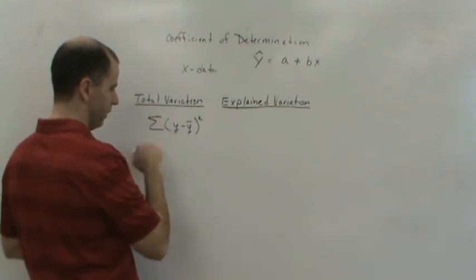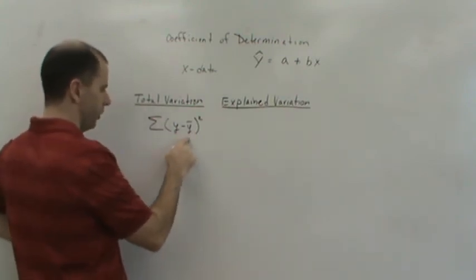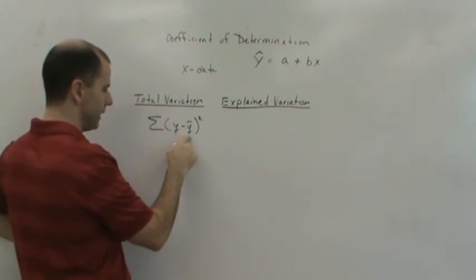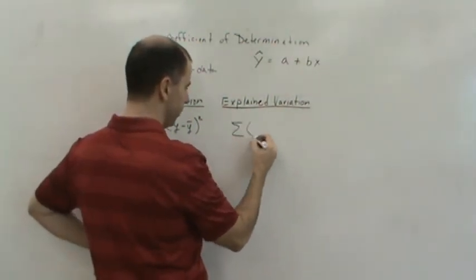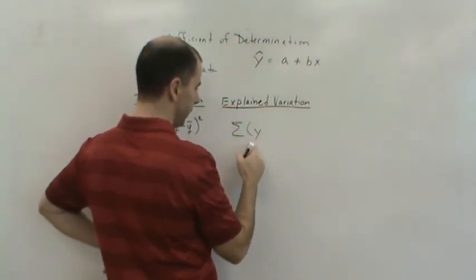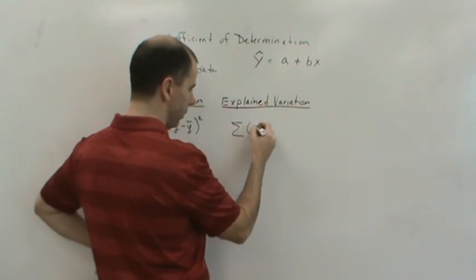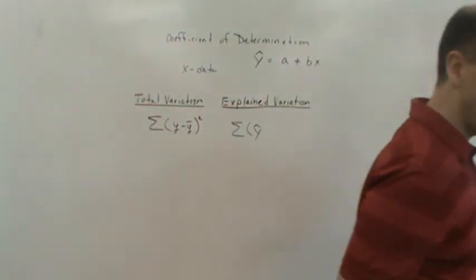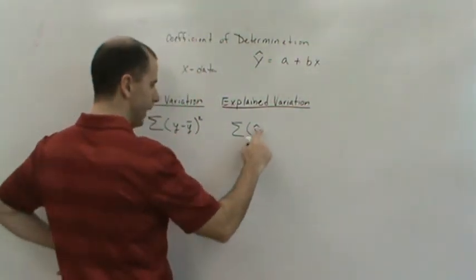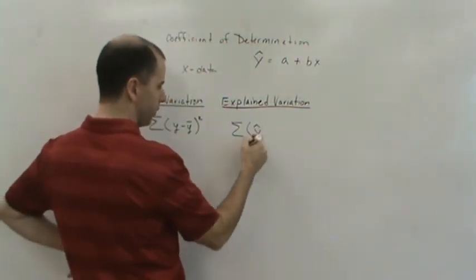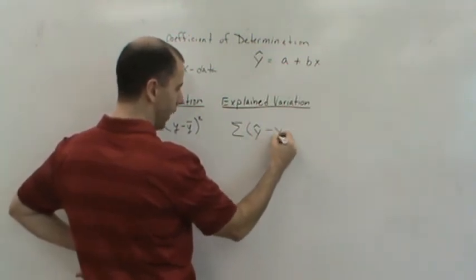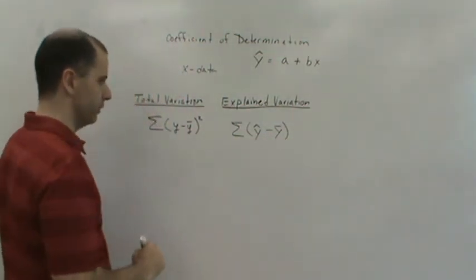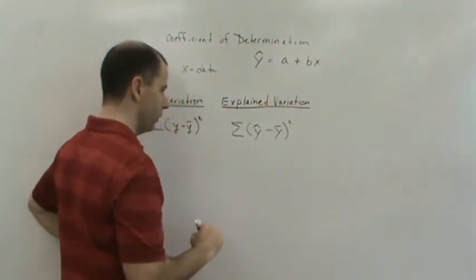What explained variation is going to be is the difference between the predicted value of our model, which you can call y hat (they're using y prime), and y bar, the average, squared.